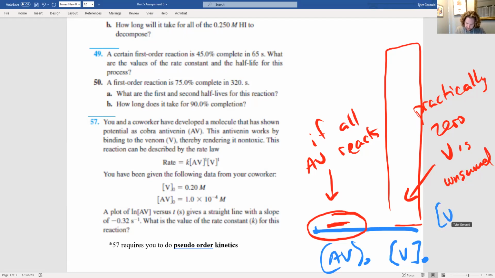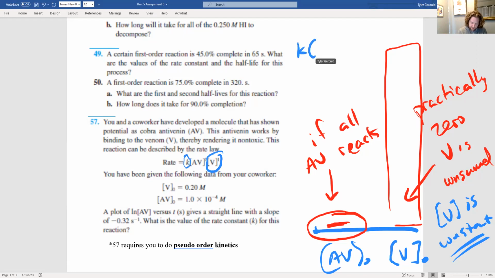So the concentration of V is constant throughout this whole reaction. So what we're doing here is we are essentially combining the value of our K with the concentration of V. So the concentration of V is relatively unchanged. And so this K value, we're combining it together.